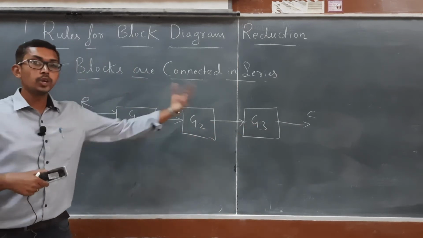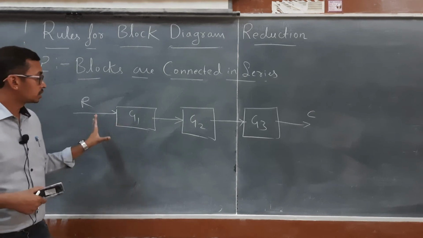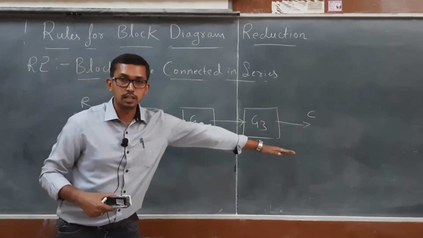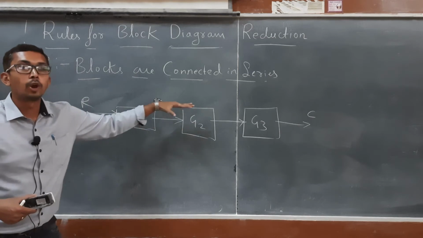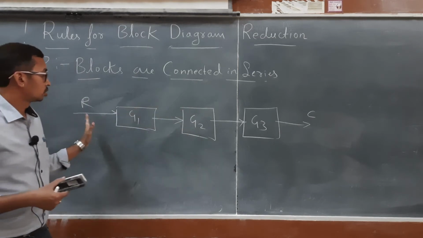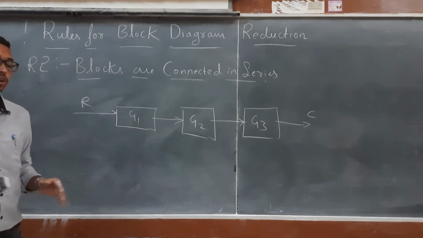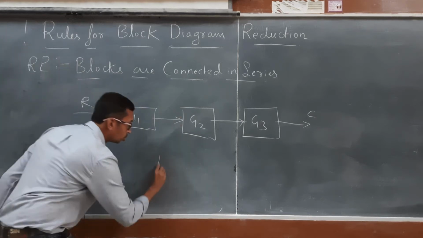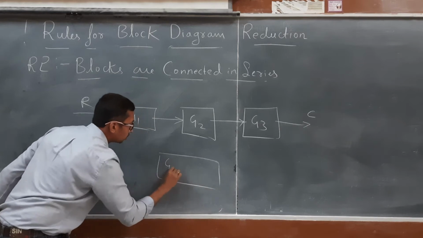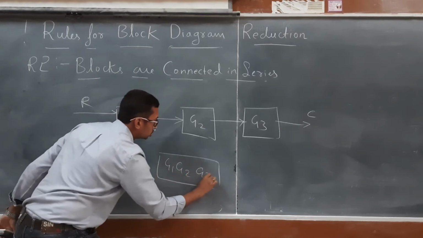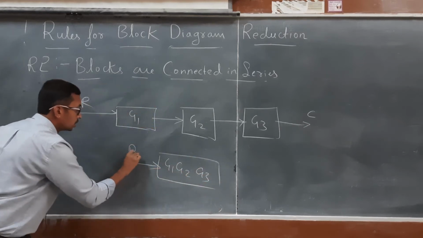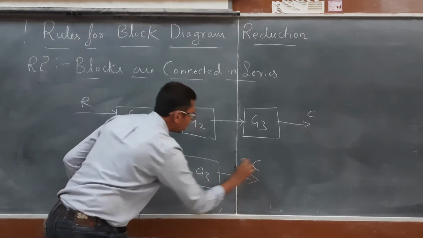Then how can we reduce this? If the 3 blocks are in series, this can be reduced to a multiplication of all the transfer functions of the blocks, that is G1, G2, G3. R is the input, C is the output.